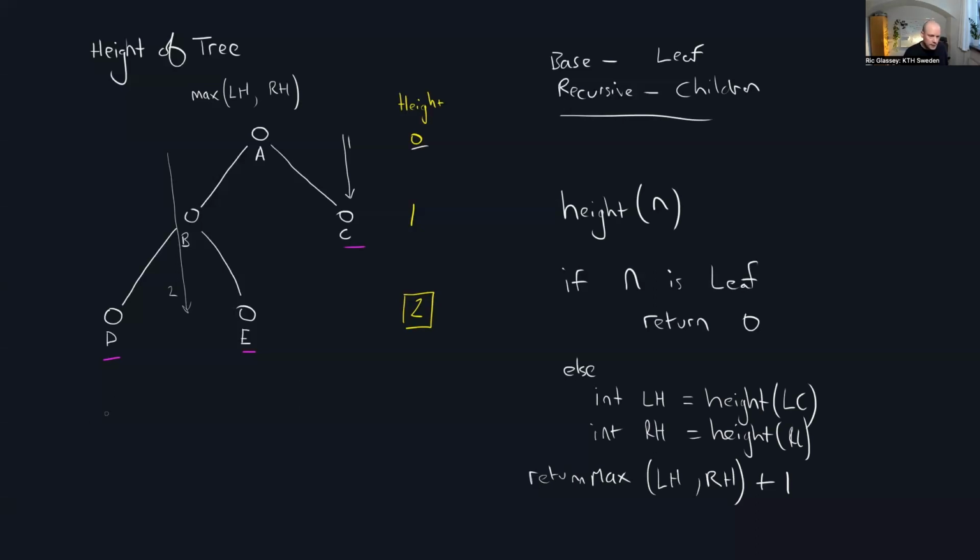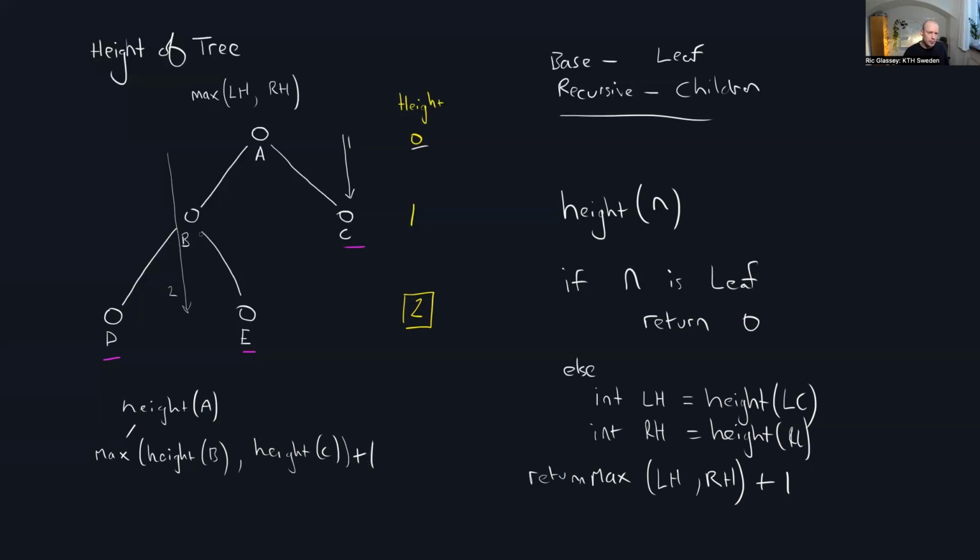Okay, so again, let's go through this. Let's take the first call, which is we want to find out the height of this tree starting at A. What that really means is we want the maximum of a recursive call, the height of B, height of C, and the maximum of those plus 1.